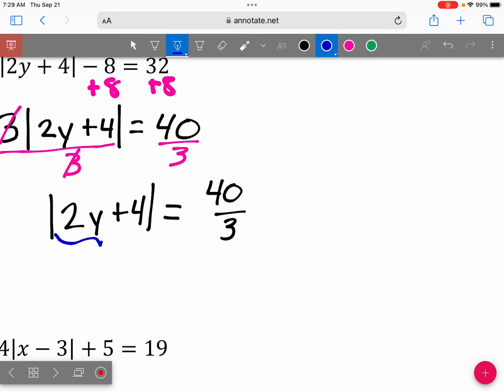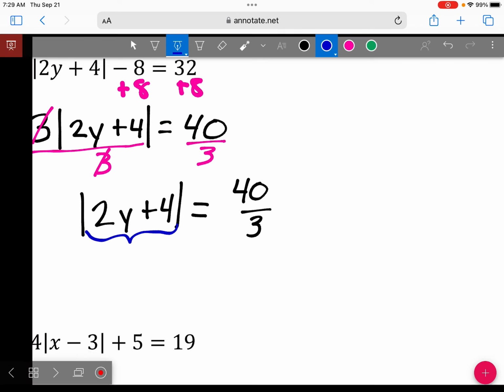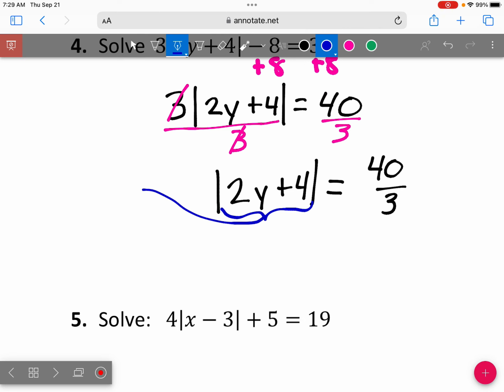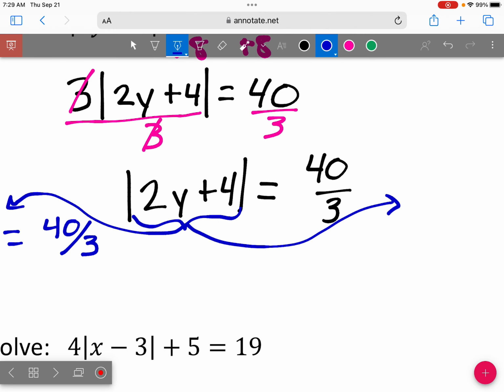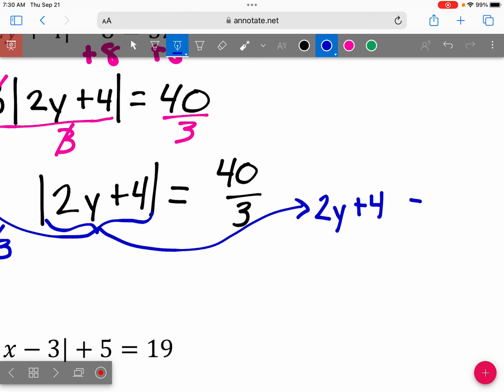Once we get our absolute value all by itself, this is when we split it into our two cases. It's going to be that our 2y plus 4 straight up equals 40 over 3. Like nothing's different. The absolute value bars didn't do a thing. Or it could be that the absolute value bars were working hard, and our 2y plus 4 actually equals negative 40 over 3.